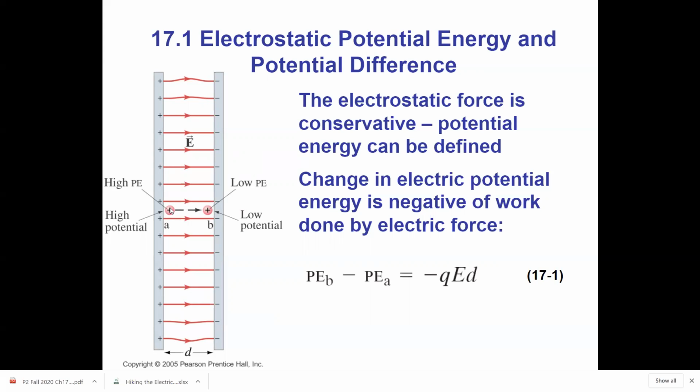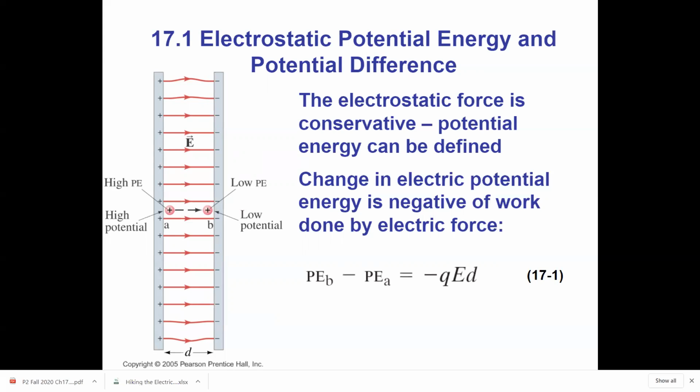It's being repelled by these positive charges and being attracted by these negative charges. And so it'll run from a high potential energy to a low potential energy. And that's what the electric field is doing. It's accessing that potential energy. And when it's all done, we will see a loss in potential energy.